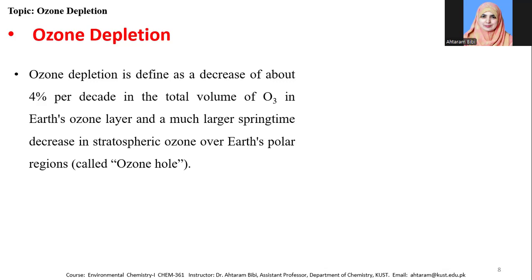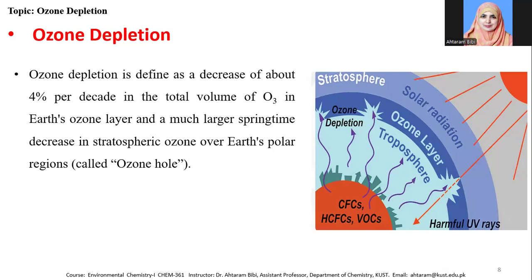is called the ozone hole. So if the ozone concentration decreases by 4% per decade, then it is known as ozone depletion. One can see here the ozone-depleted portion, and the image shows that CFCs, hydrogen CFCs, and volatile organic compounds can cause ozone depletion.